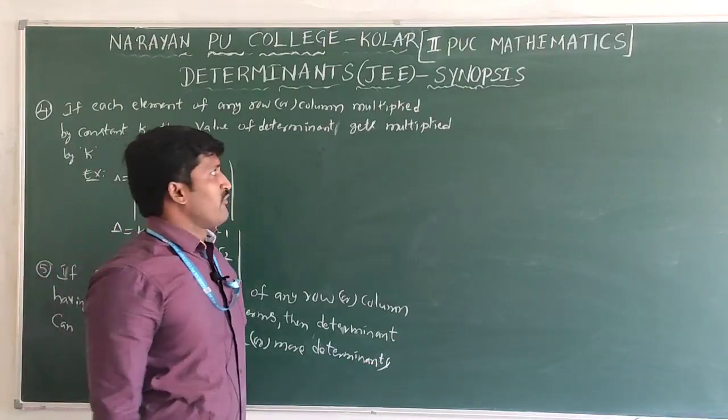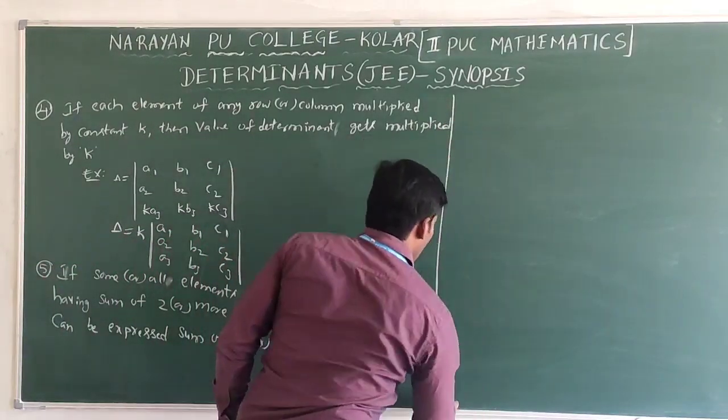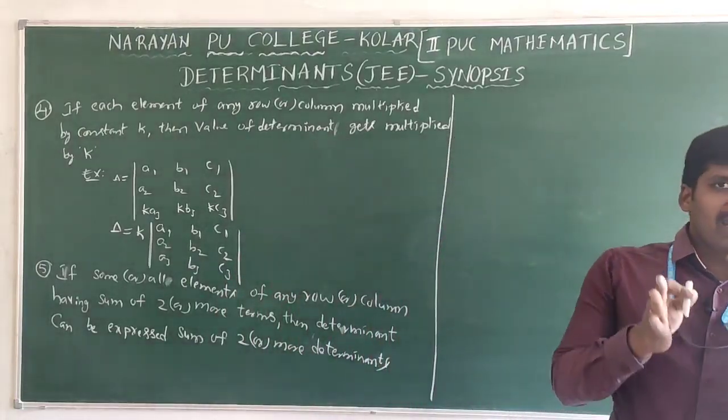That means if any row or column has a sum of two or more terms, that determinant can be split into two or more determinants.